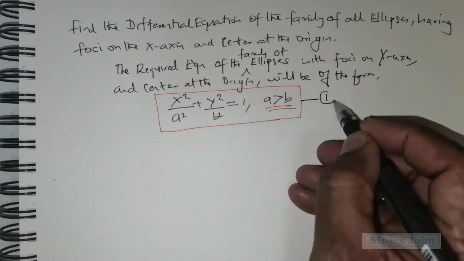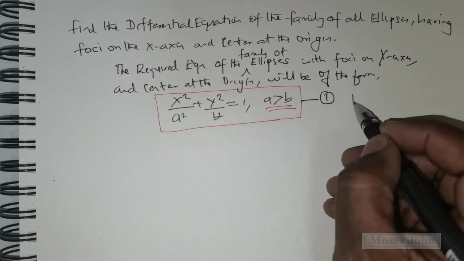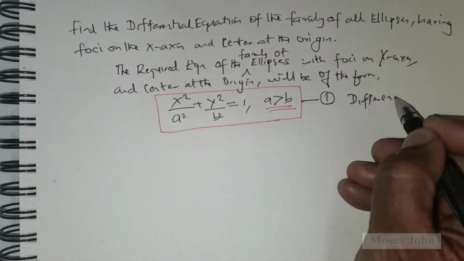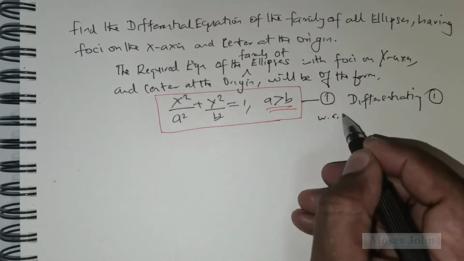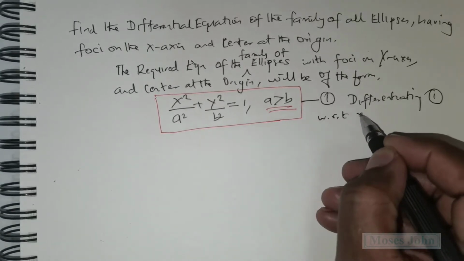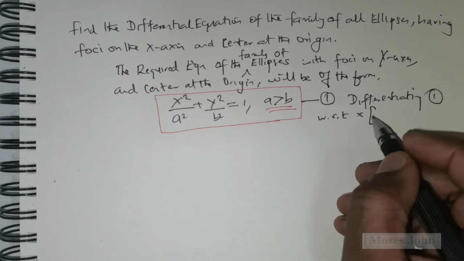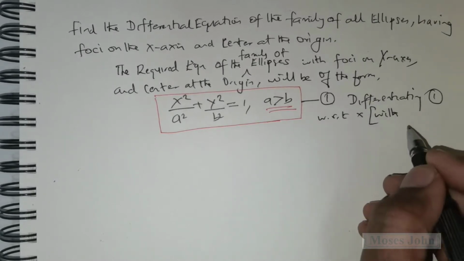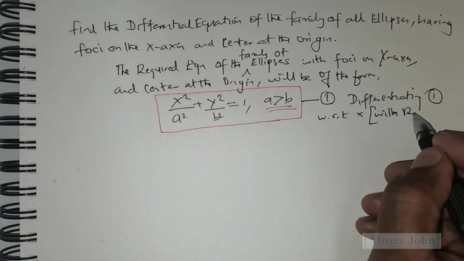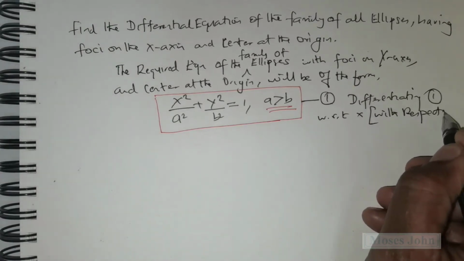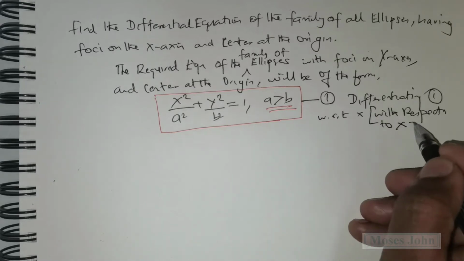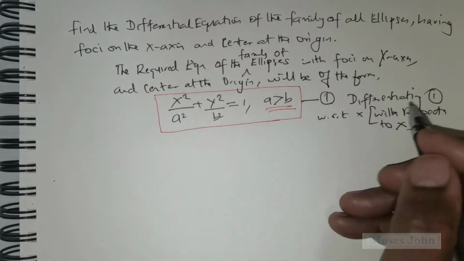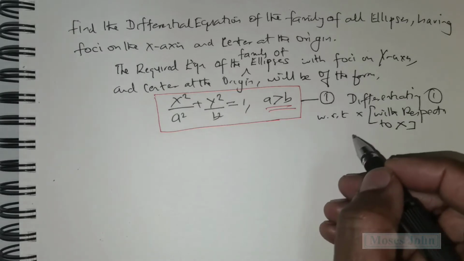We are going to take this as 1 and then we will write differentiating 1 with respect to x. WRT stands for with respect to.